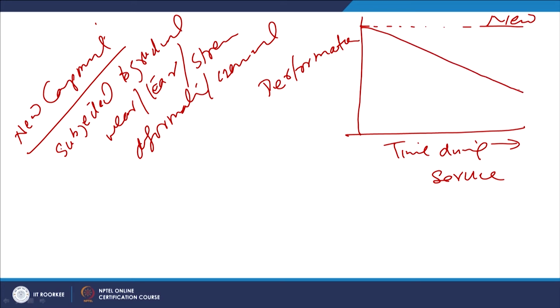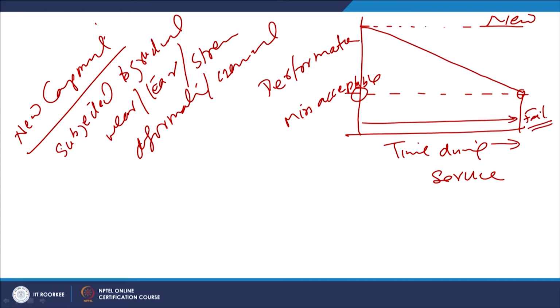This is the rate at which the performance will be decreasing, and if there is a minimum expected level of performance from the component, a minimum acceptable level of performance is this one, then we will say that after this much period of service, the component will be considered to have failed.